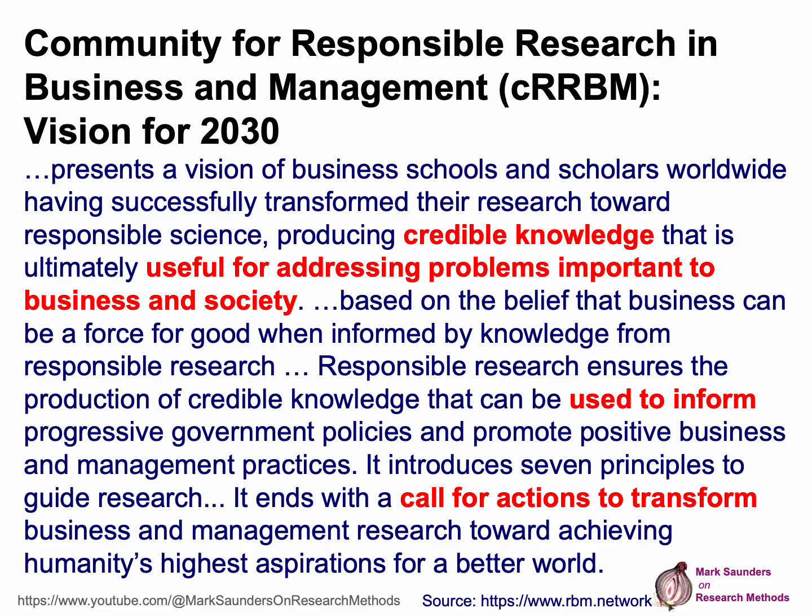And they present a vision for business schools and of scholars within business schools about doing responsible science, producing knowledge which is credible, so that's about the rigour in method, but also responsible research which is useful for addressing problems, and not just any old problem, problems which are useful and important to business and society.